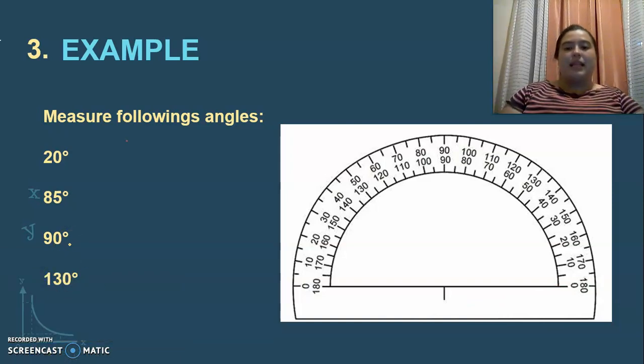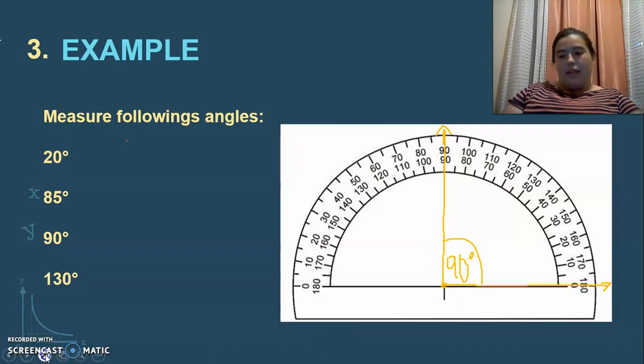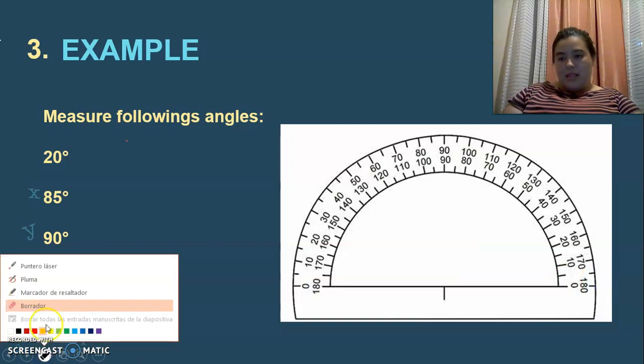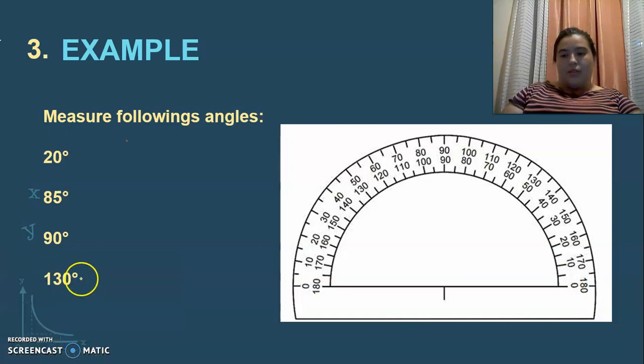The third one says 90 degrees, exactly 90 degrees. So we make again our vertex, our first ray, and then we look for 90. 90 is in the middle of the protractor, so we make our second ray, and this is an angle with 90 degrees. What type of angle is it? A right angle, because it's exactly 90 degrees. And the last one is 130 degrees.